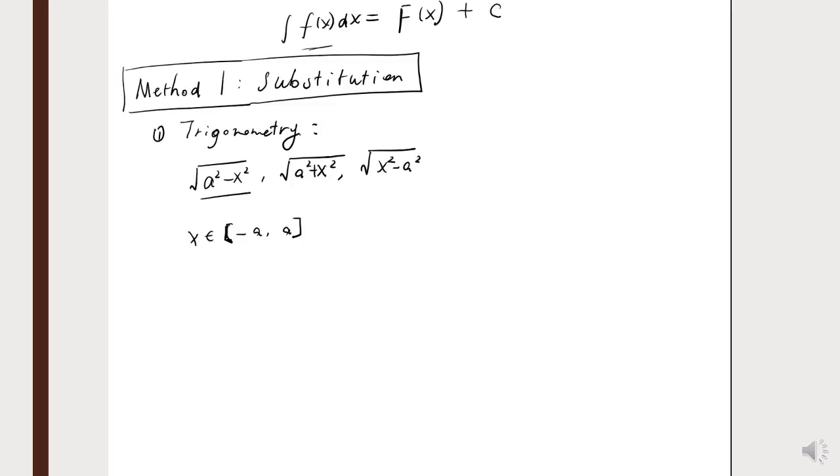Does that sound like something you're familiar with? Yes. Remember in the trigonometric functions, for example, sine t, its range is from -1 to 1. So if we multiply a by this function, sine t, we're going to realize this.